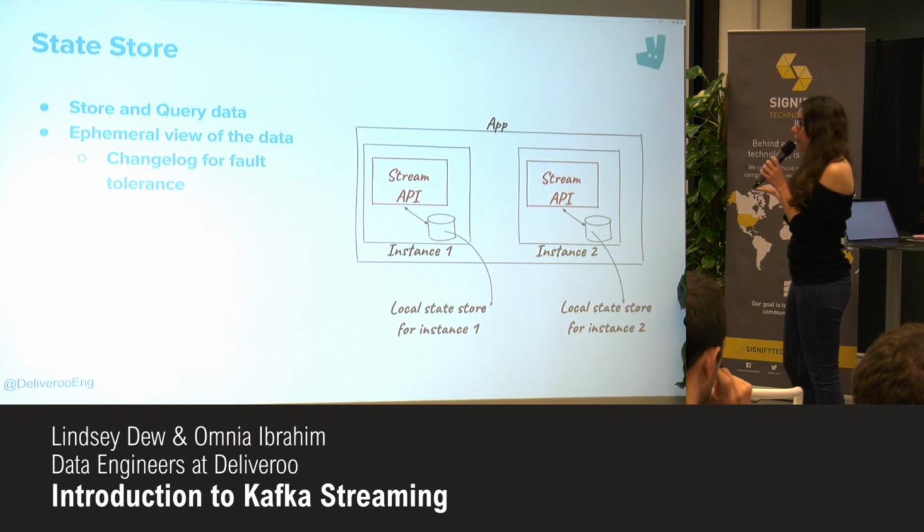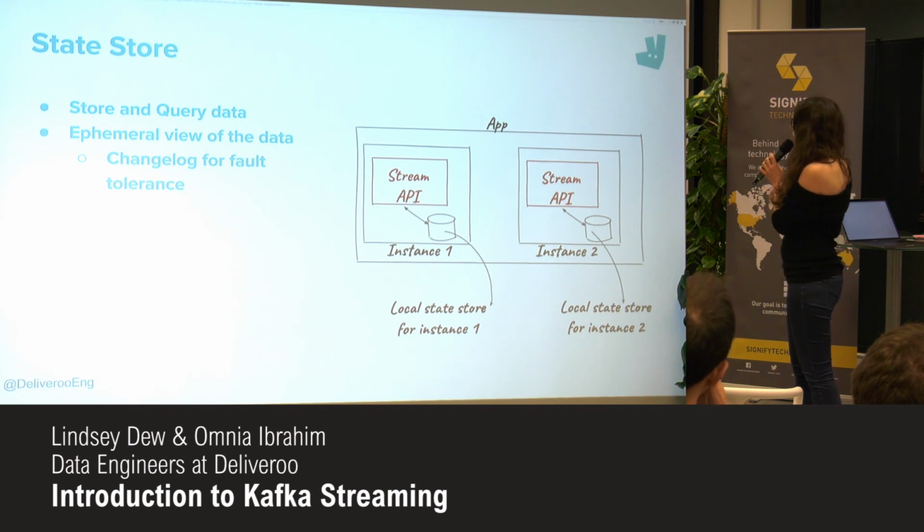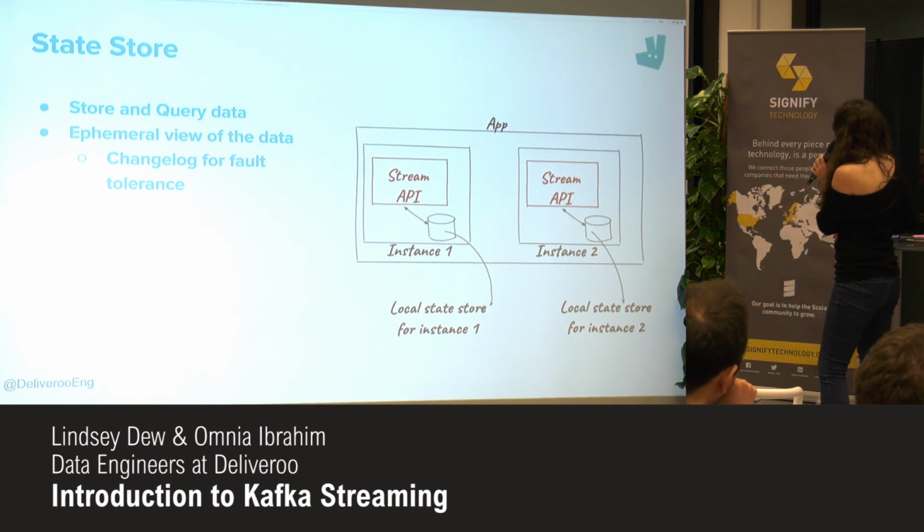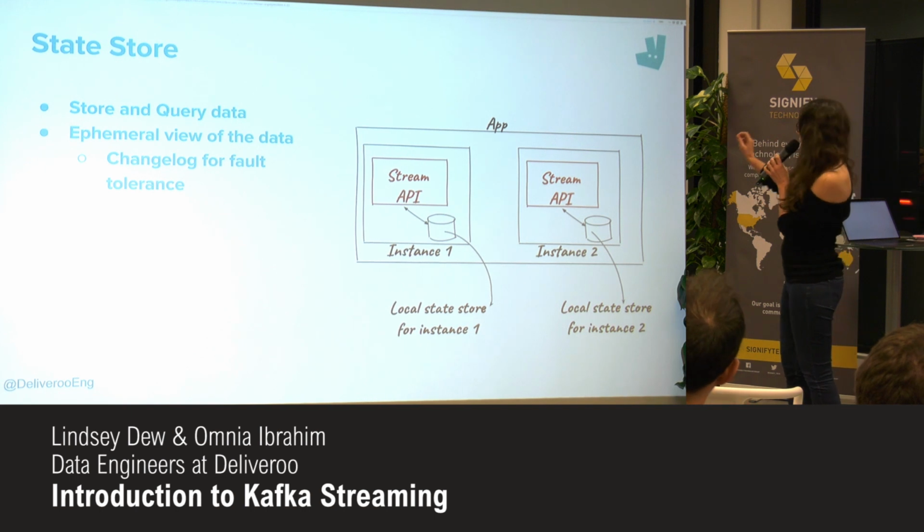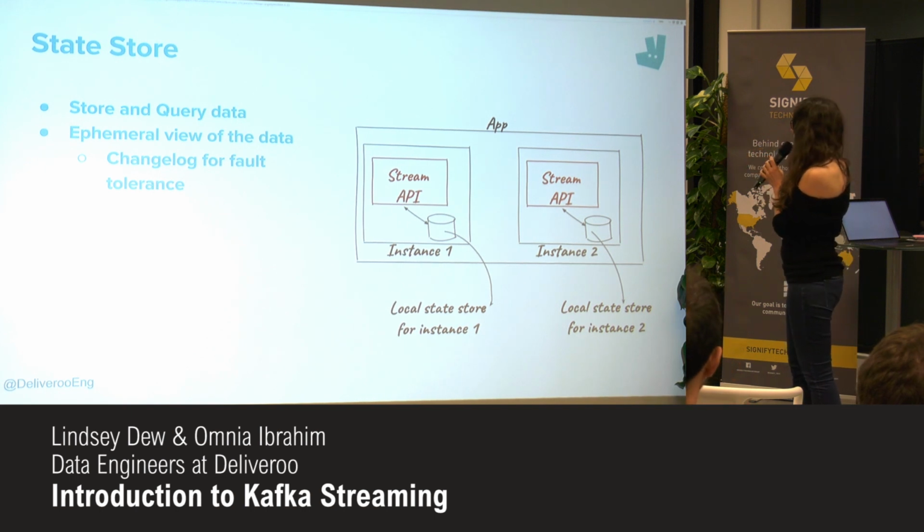Now, if we happen to be running across 2 instances, then our state store is just going to store the data for the partitions which the Streams API was assigned to for that instance. That means each individual store would only get a subset of the data.